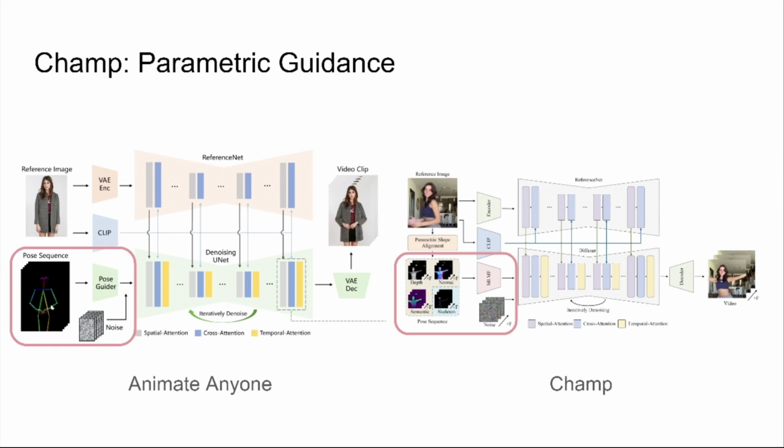So the pose guider just takes the original image. For example, the pose image still has the same resolution as the reference image, the input image, right? But the latent noise is smaller because it's in the latent space.